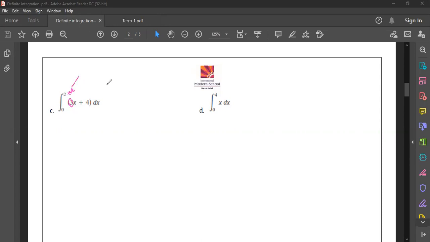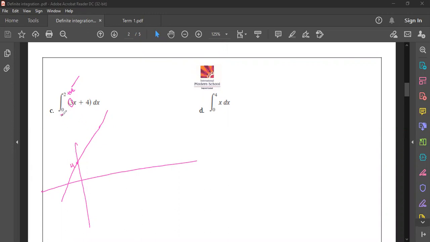So that is a positive slope, and the y-intercept is 4. The line is positioned like this. Clear? That is the sketch of the curve of the function.